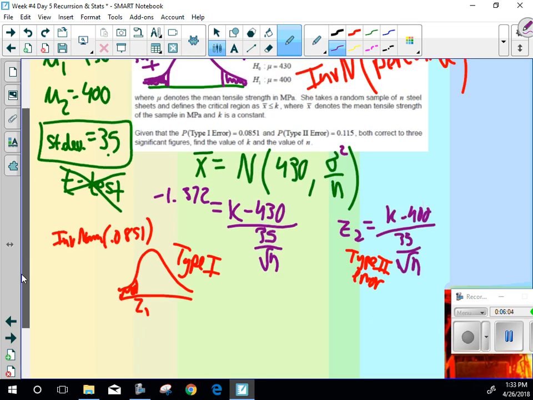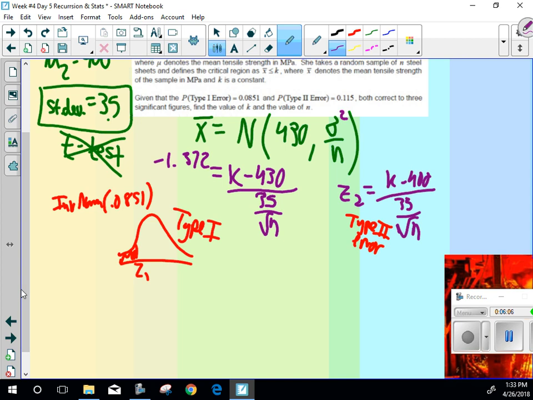Let me finish this. So then, for this one, here's the graph. This is the region you're looking at for type 2. There's my Z2. Now, you've got to be careful. I want to know what inverse norm you're going to do for this one, because the percentage they gave was 0.115. That's the error. From here out is 0.115.